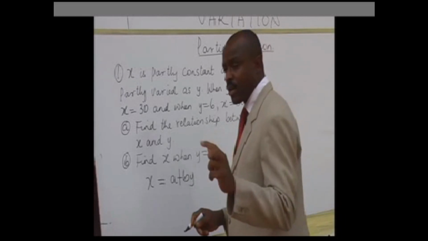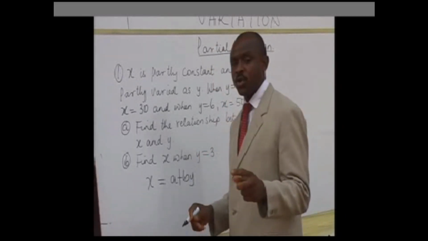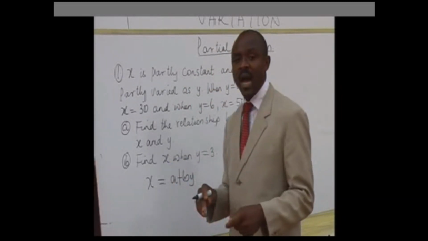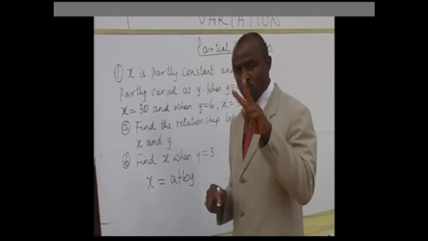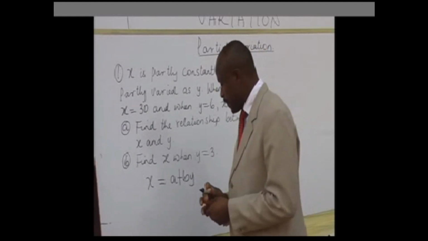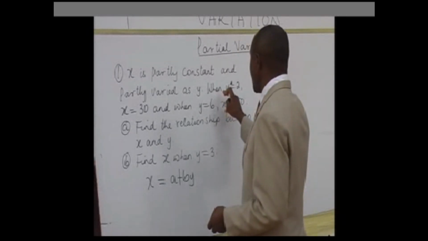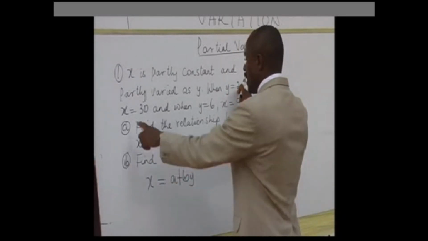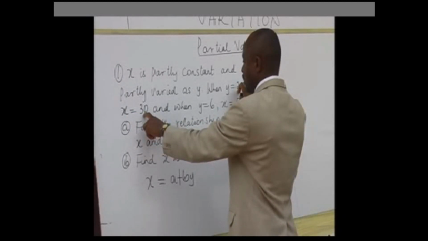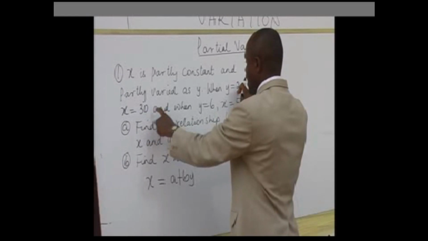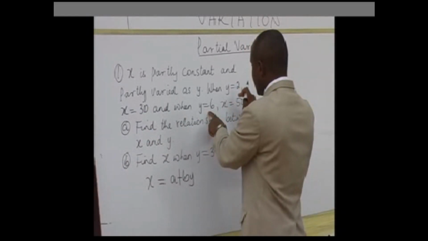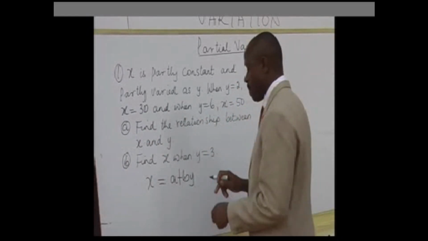And that was exactly what I told you, that it is only in partial variation that you have the introduction of two constants. They said when Y is 2, that X is 30. And when Y is 6, that X is 50.